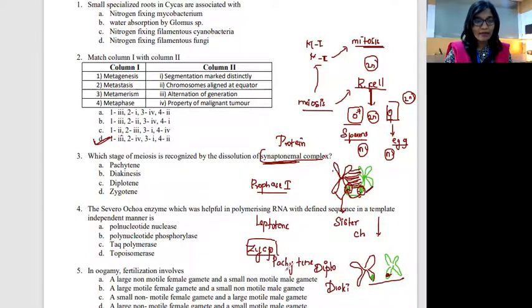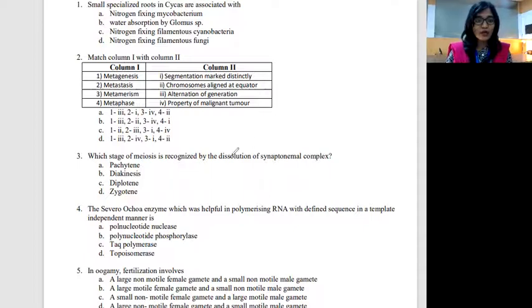In pachytene, what exactly happened? The synaptonemal complex is formed. In pachytene there's crossing over and exchange of genetic material. Only in diplotene does the dissociation take place. So just remember that in the diplotene stage the synaptonemal complex is going to break. So you can remember it like B and D.